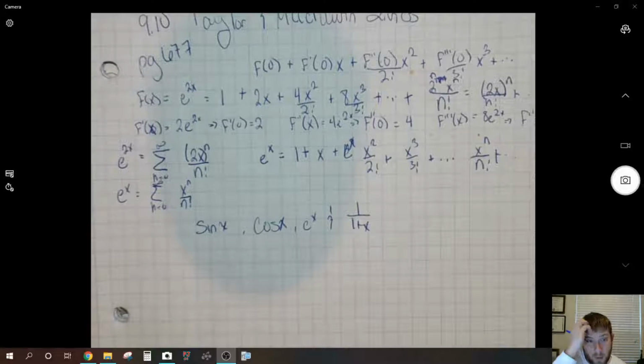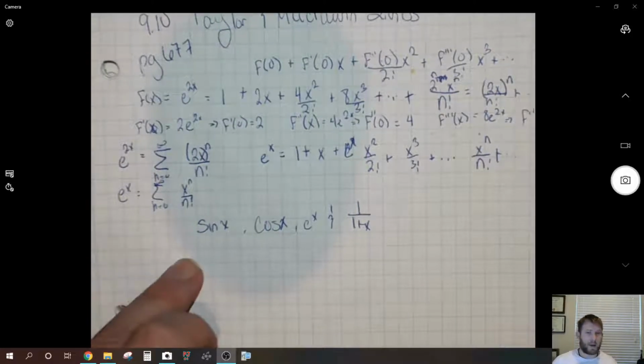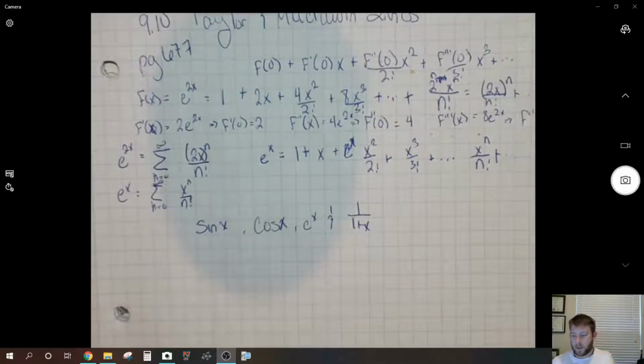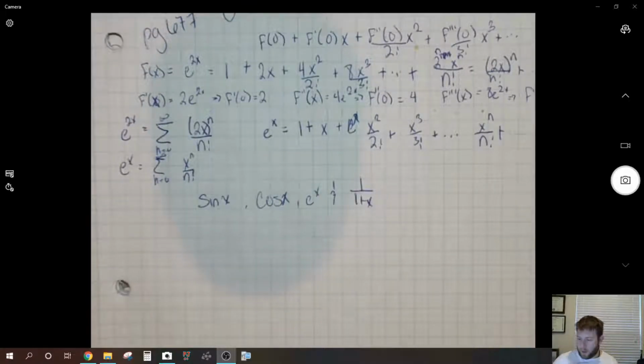You need to be familiar with those and how to derive them. Actually, those are also on a homework, so you've already done them. But please make sure you know how to expand these using Taylor or Maclaurin series, using your power series.